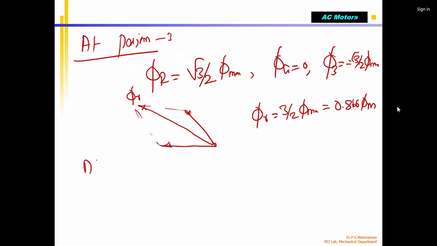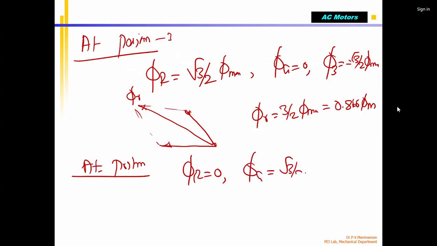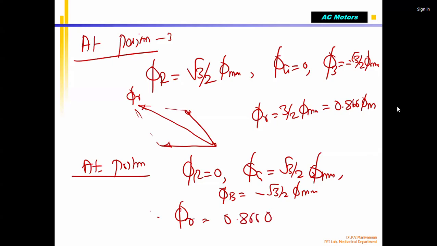Similarly, at position 4, same thing. For your understanding, I will quickly complete. Phi r equal to 0. Please refer to the figure. Phi g equal to root 3 by 2 into phi max, and phi b equal to minus root 3 divided by 2 into phi max. Okay. So again, phi r is going to be 0.866 into phi max.